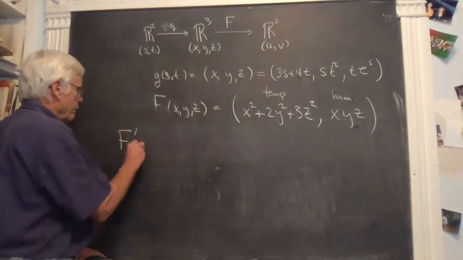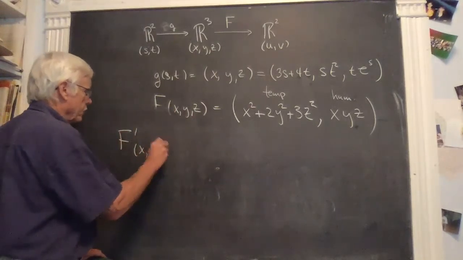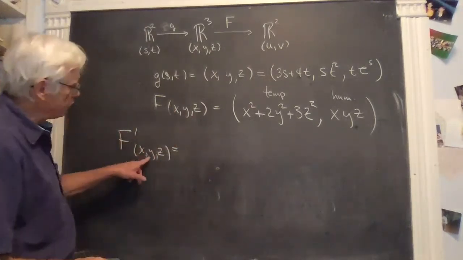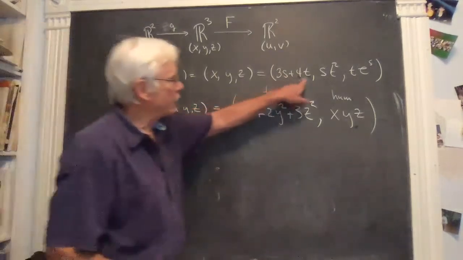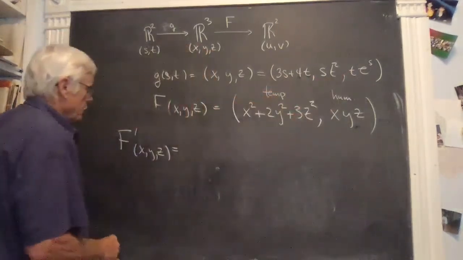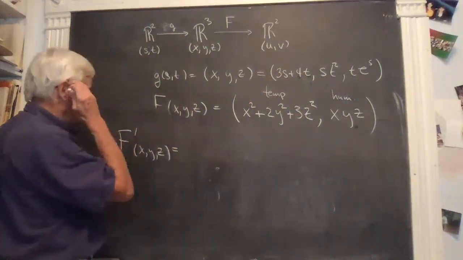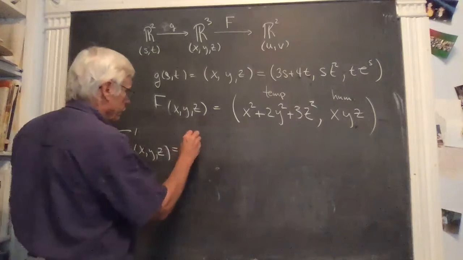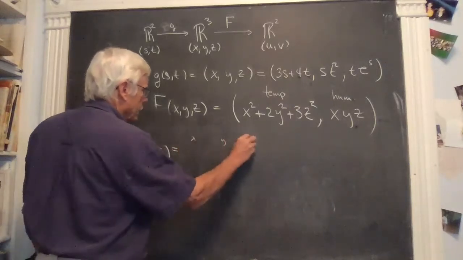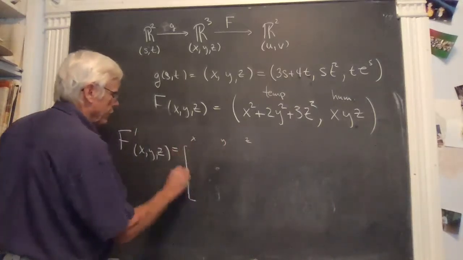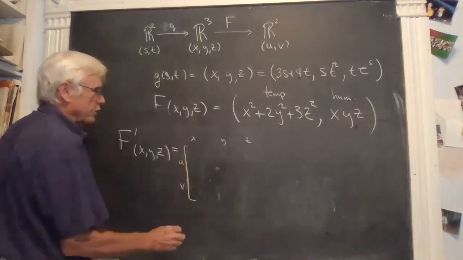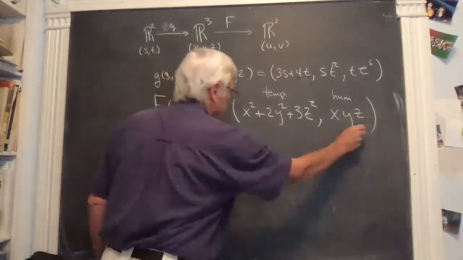So f prime as a function of x, y, and z. This means I haven't plugged in the formulas for x, y, and z yet, but this is easy to compute. This has three variables, x, y, and z, so there will be three columns to the derivative. And there are two formulas, a u and a v formula.